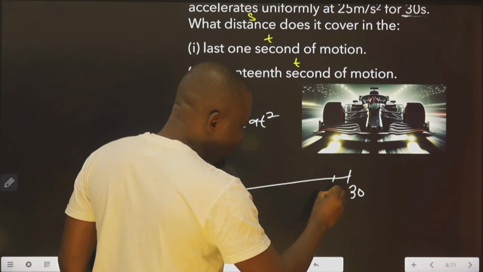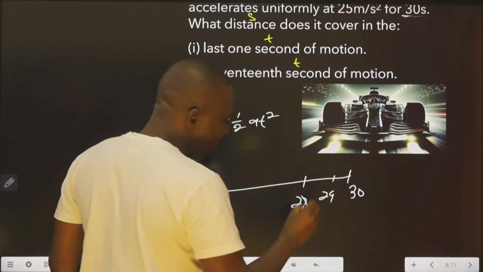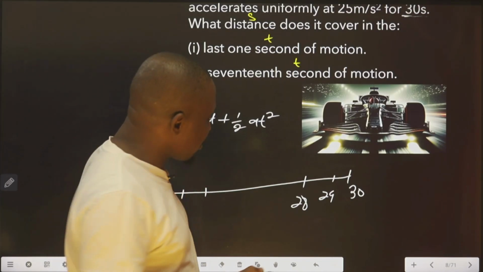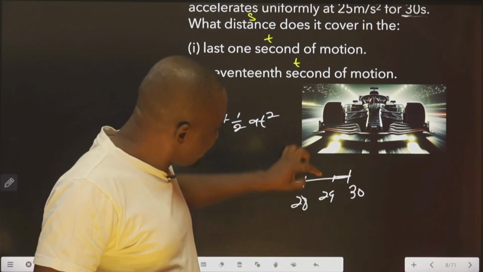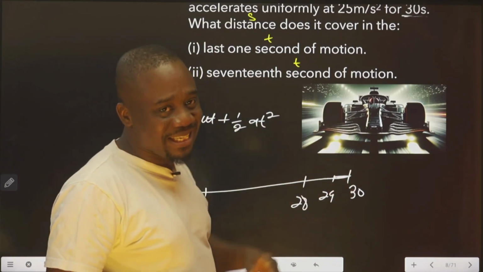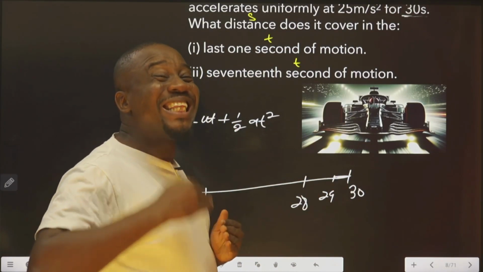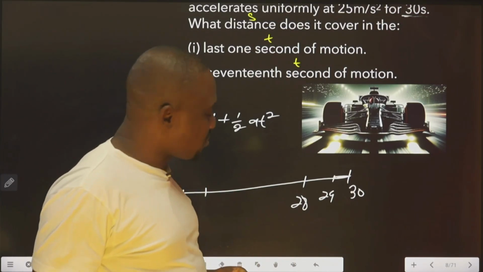This is 29, this is 28. The last 1 second is this distance covered between the 29th and the 30th, between 29 seconds and 30 seconds.